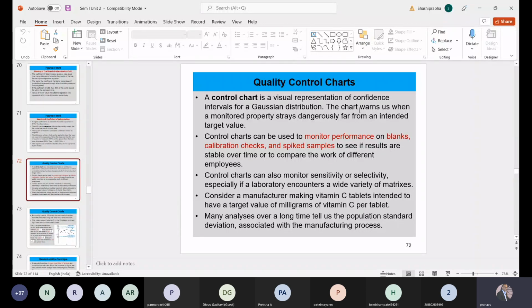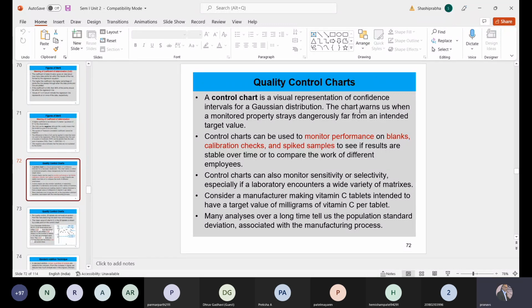Control charts can be used to monitor performance on blanks, calibration checks and spiked samples, which means again, these are different types of measurements. It can be used for several blank measurements, calibrations. Calibration checks means you can select a few QC samples.